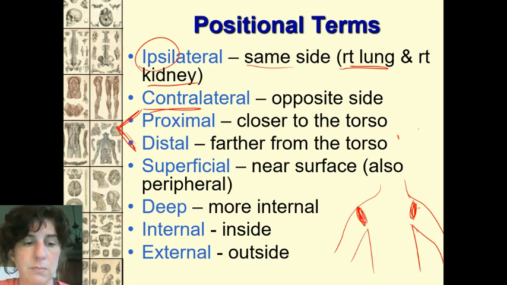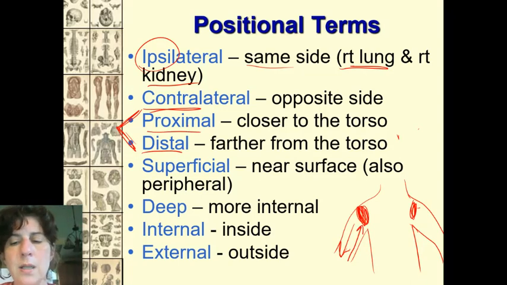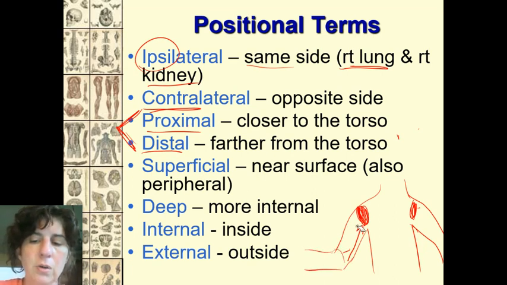But again, your legs come off of the torso. Anything that is further away from this attachment point is called distal. Anything that is closer is going to be proximal. And again, it's relative. All right. So your elbow, here's my arm, my elbow could be proximal, it could be distal. It depends on what I'm talking about.